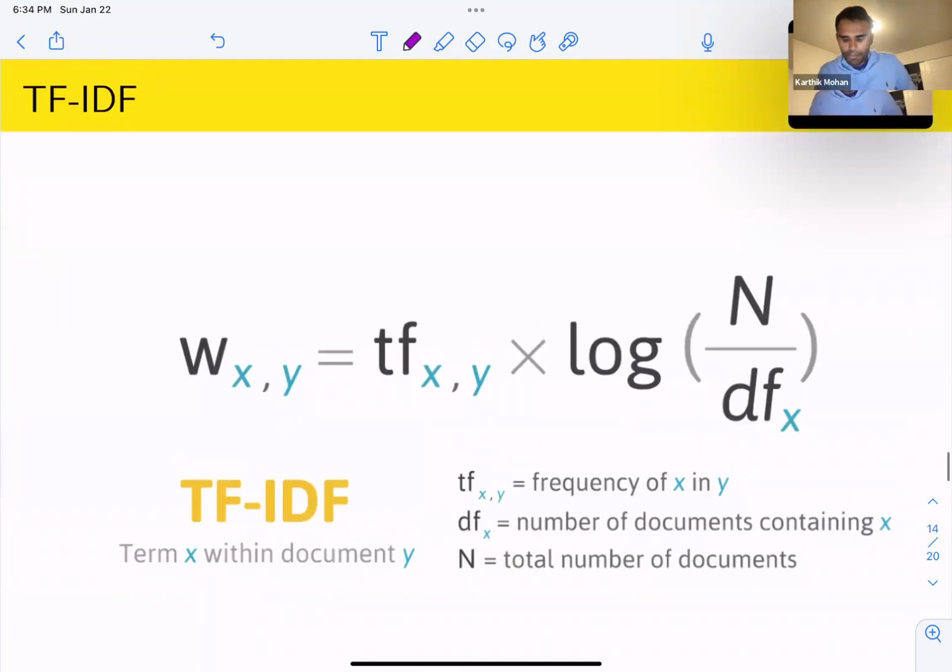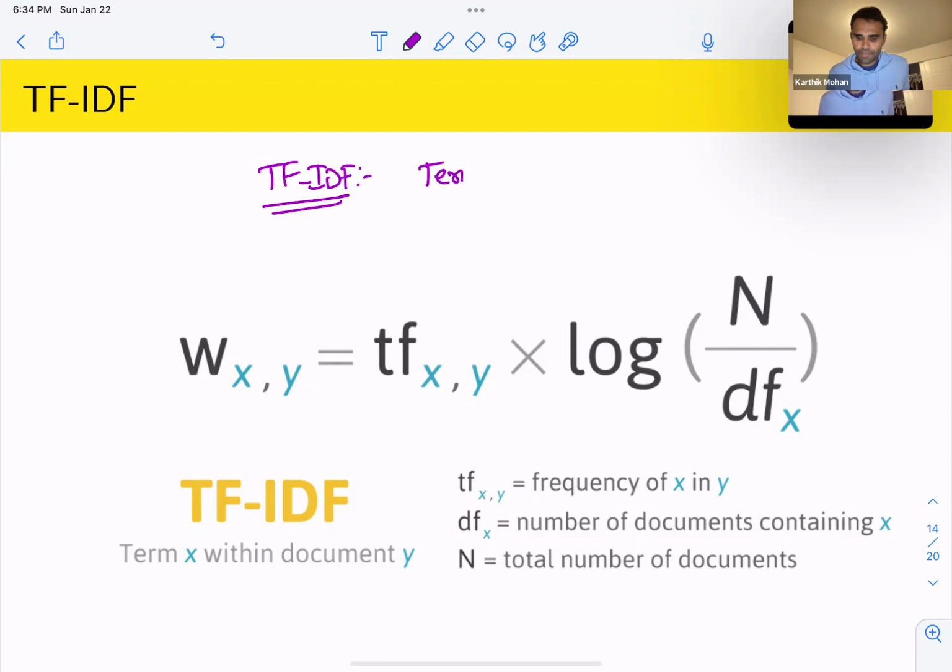Okay, so our next concept that is connected to bag of words and leads to a better representation than bag of words for many tasks is something called term frequency and inverse document frequency. So Tf-Idf stands for term frequency, inverse document frequency.